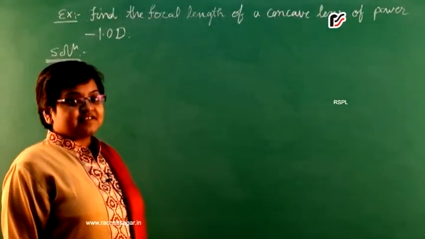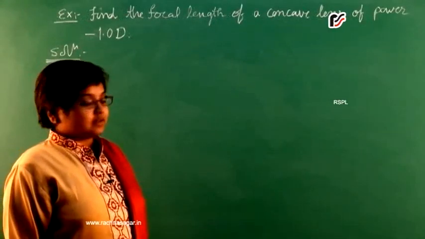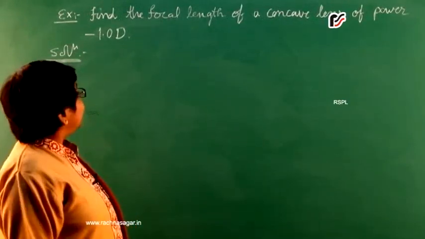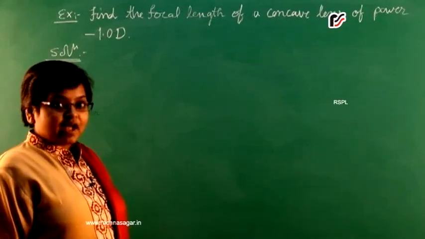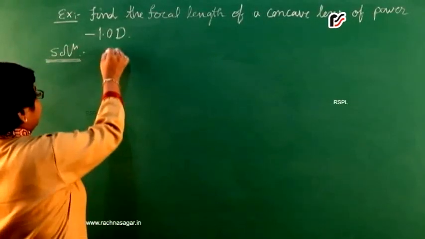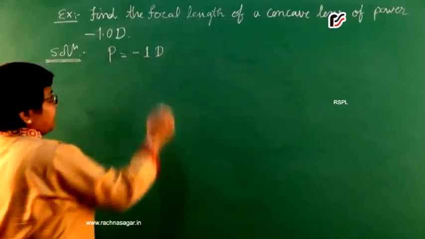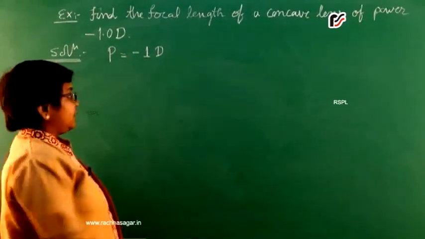Let us take another example for the power. Find the focal length of a concave lens of power -1 diopter. Here the power is given as -1 diopter.